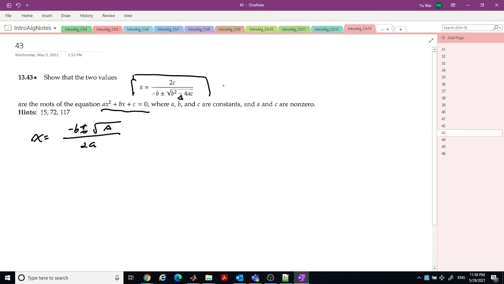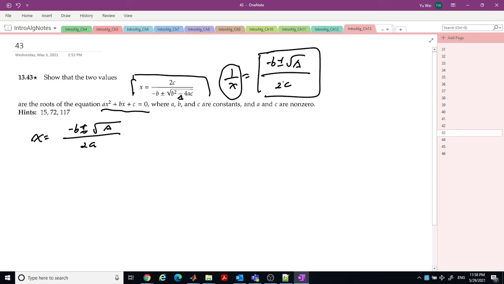Okay, so let's flip it. So that means 1 over x, okay, is this. So this must be a solution to another quadratic form, right? Now let's see how we can do it equivalently, okay?